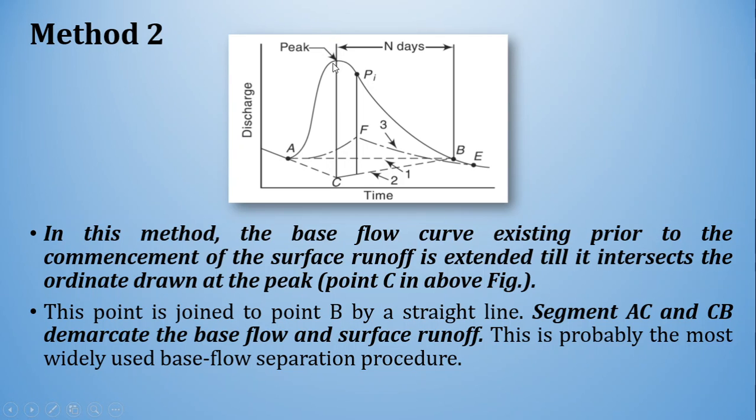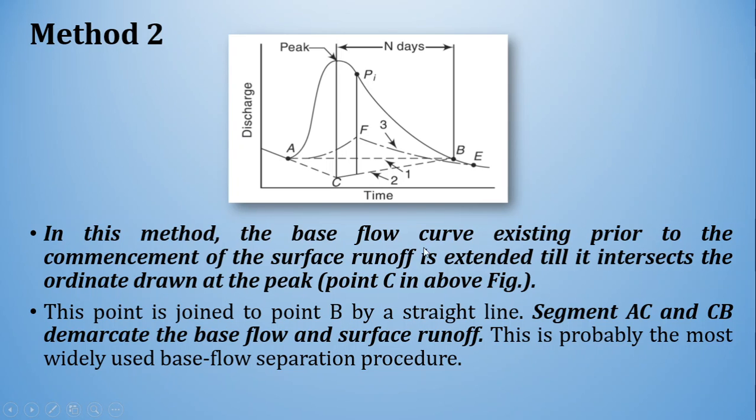From the vertical drawn from the peak, a line is extended from this point A to this point C, and it is again joined to the point B, and this AC and CB will separate the base flow from the surface runoff.